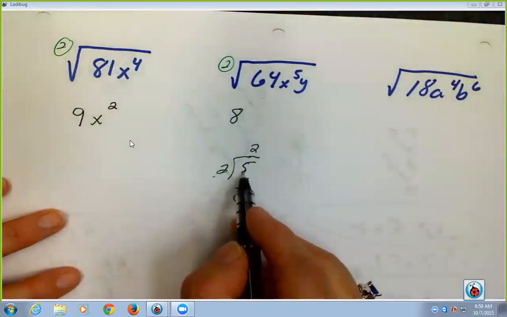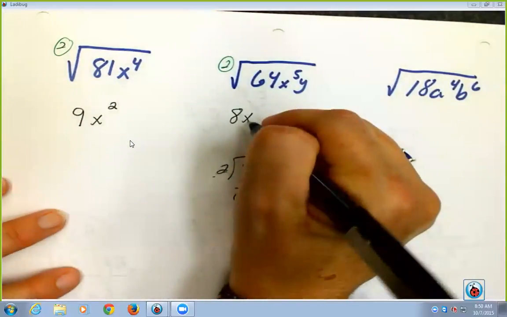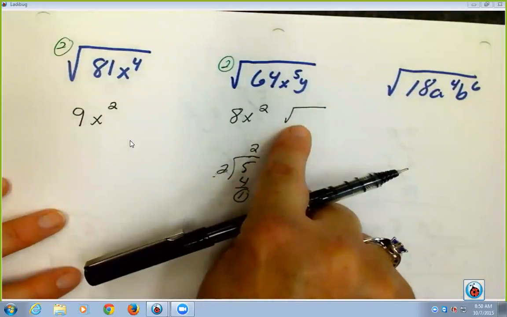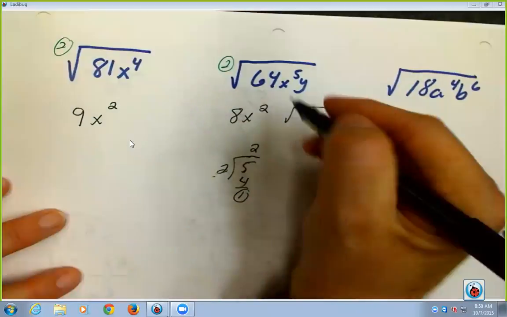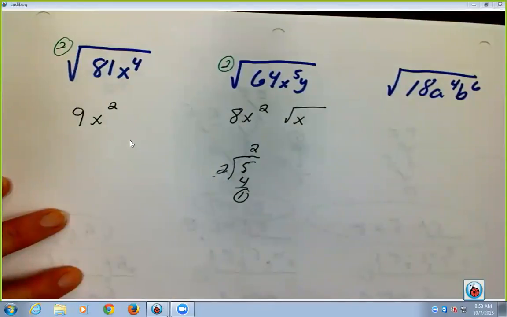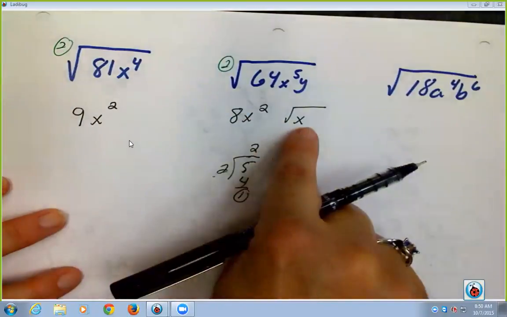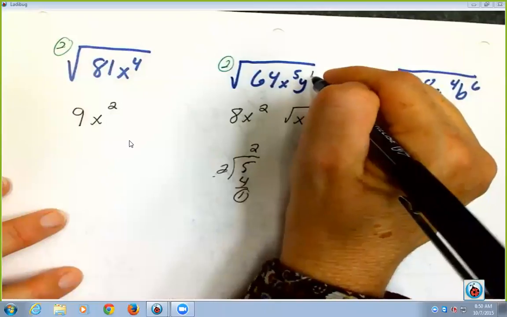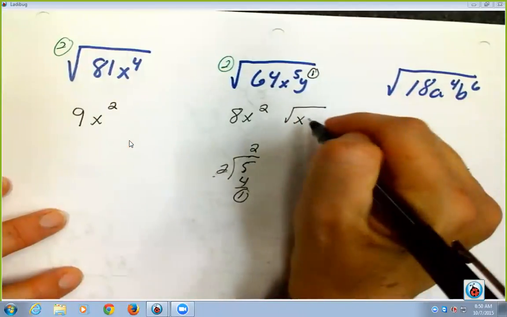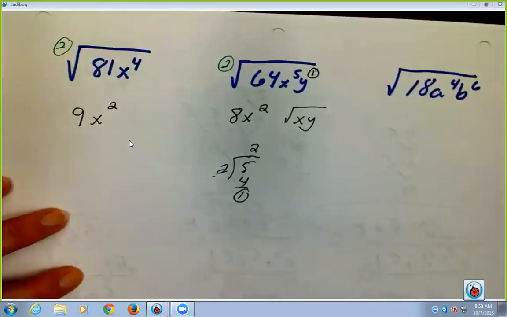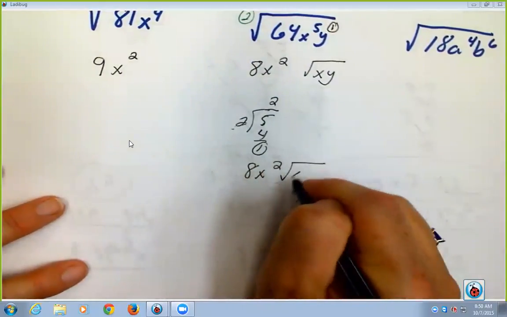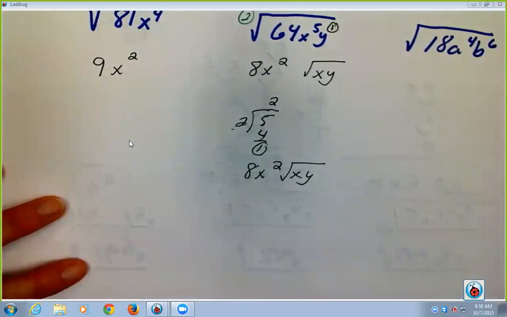So 2 went into 5 twice. So that means I can pull out an x squared. But it's going to end up leaving inside of here an x to the first power, or just a plain old x, okay? So I can pull out a square, but I leave an x. What about y? Y is to the first power here, so 2 doesn't go into the first power, so y stays under my radical. So my answer to this one is 8x squared, the square root of xy, okay?